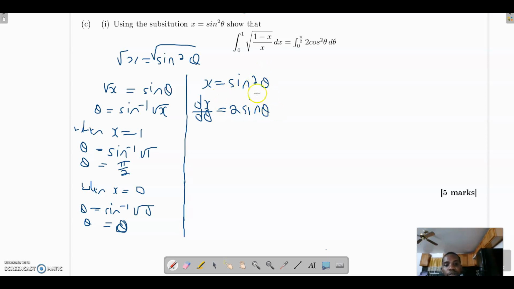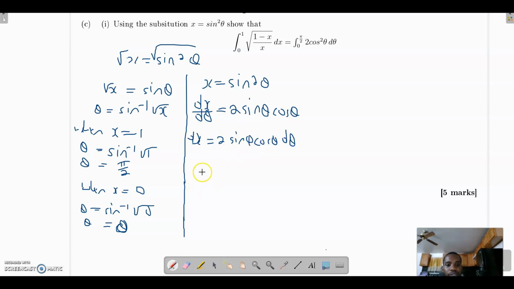And then, of course, we multiply by the differential of sine theta, which is equal to cos theta. Now, right away, by just looking at this, this is actually an identity. Right? 2 sine theta cos theta. But let me leave it as that for now. We can say that dx is equal to 2 sine theta cos theta d theta.